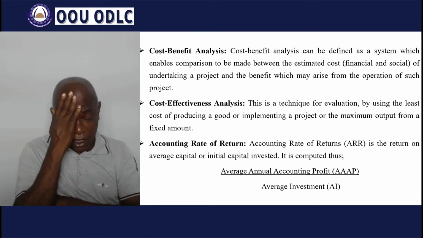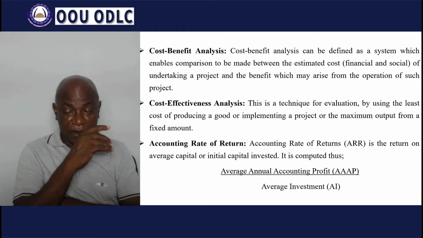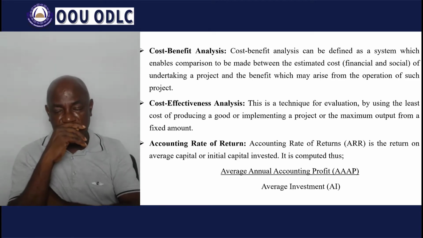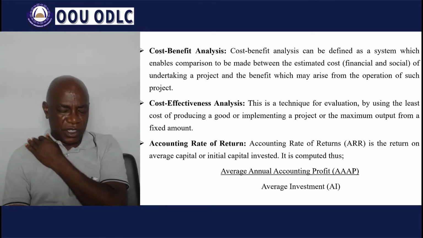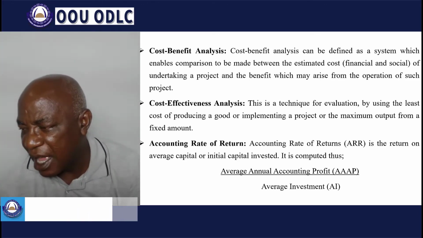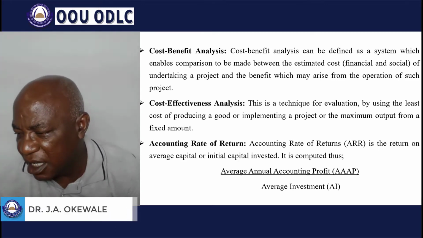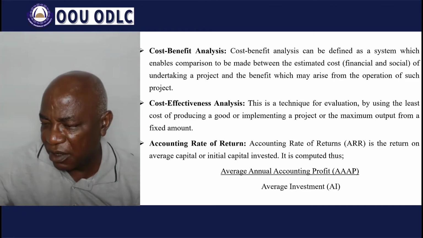Project B is given 35% rate of return. And project C is given 10% rate of return. You select the project that offers the highest percentage rate of return. So that is very, very simple.